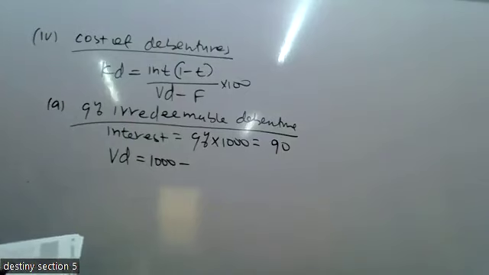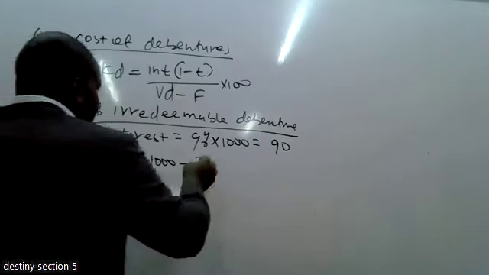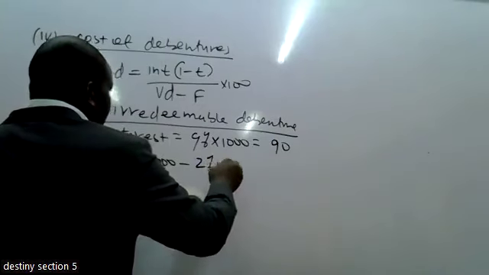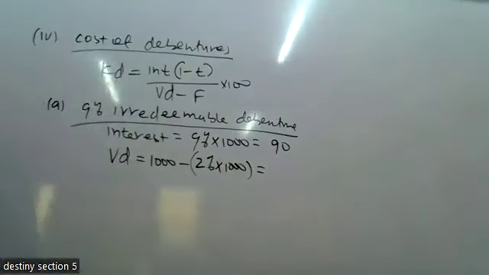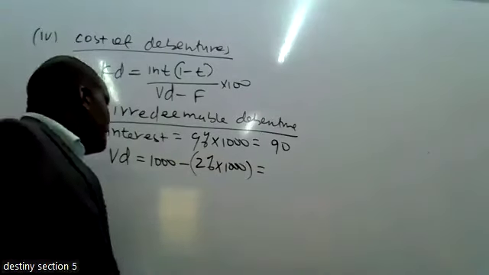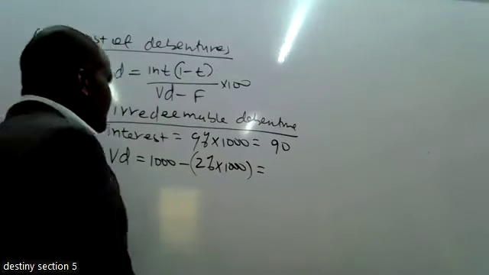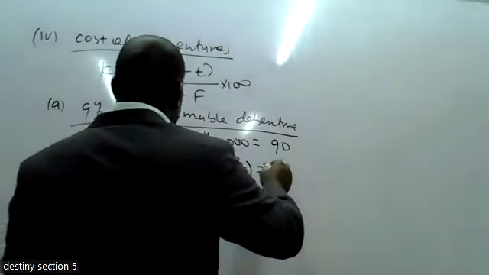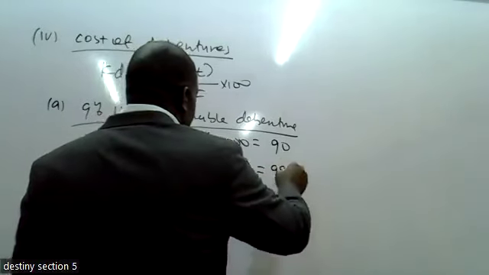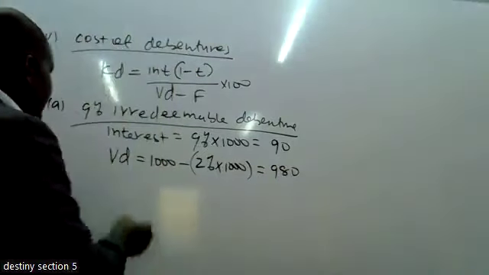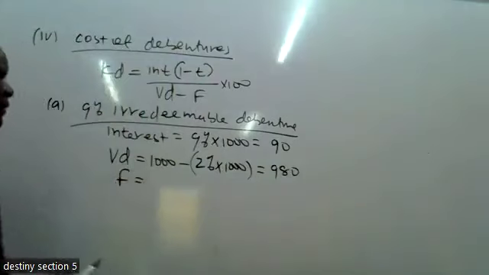They are saying that the discount is 2% of the par value, which is 1,000, so that is 980. Then the flotation cost was also given.